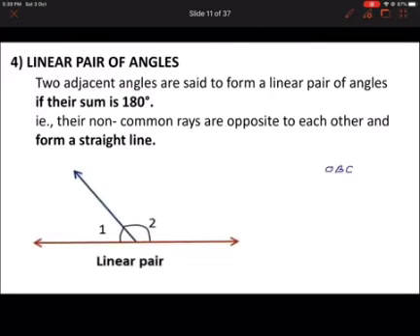Okay. Now, here you can see a linear pair. They are not only supplementary, but they have a common vertex and common arm. So, they are next to each other. These two angles are adjacent angles, and because their sum is 180 degrees, they form a linear pair. Clear?